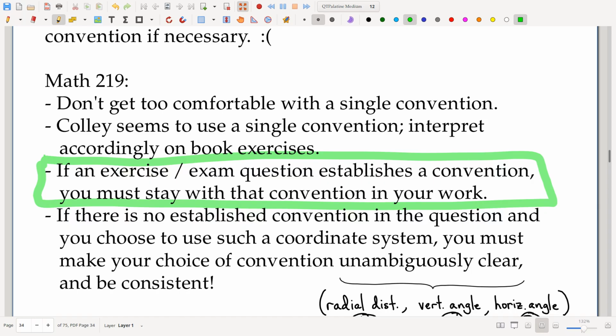If there is an established convention, you have to stay on board with that convention in your work. You can't say, oh, I don't like that, I'm going to use rho phi theta. You can't do that. You've got to stick with whatever the established convention for the problem is. Does that make sense to everybody? It would just be unthinkably confusing if we didn't have a policy on this. Okay.